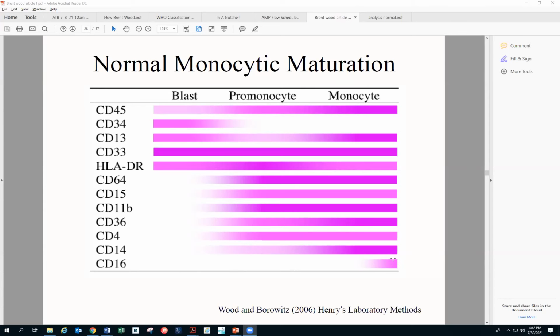Remember that it is a more mature neutrophil marker. It will be negative in blast monocytes and so forth, and might be dimly present in the monocytes. CD14, we already said, is a prominent mature monocyte marker and a very important marker. You can use it in your clinical practice.